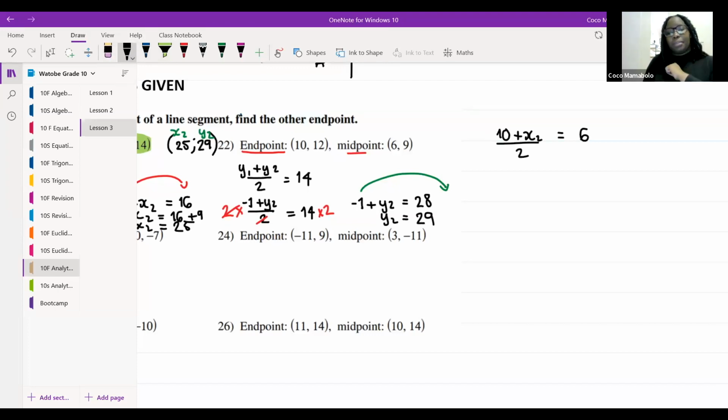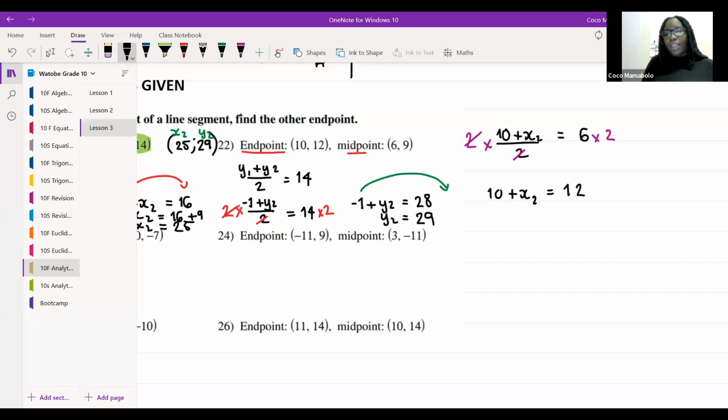What's my next step, Tiamo? You're going to multiply both sides by 2. Well done. So these 2 will cancel. What do I have left? 10 plus X2 equals 12.